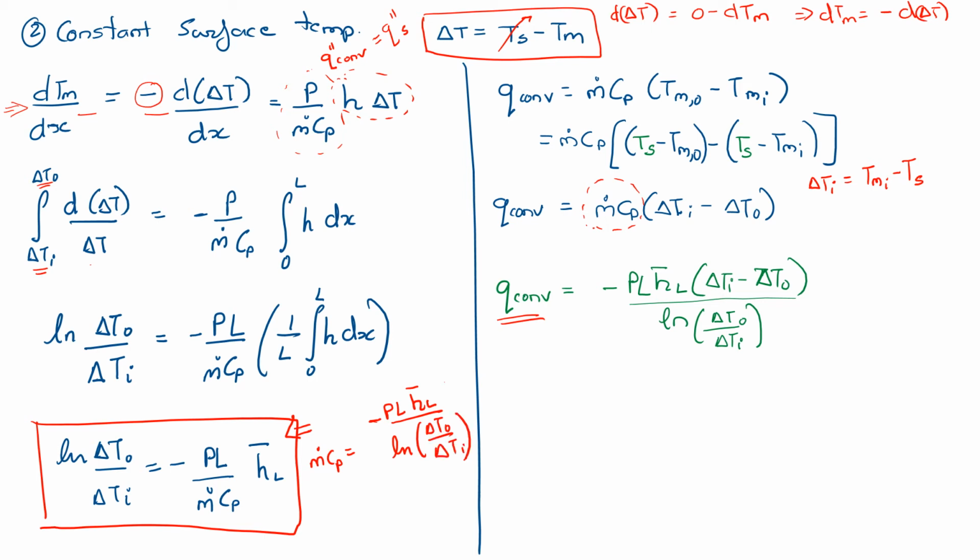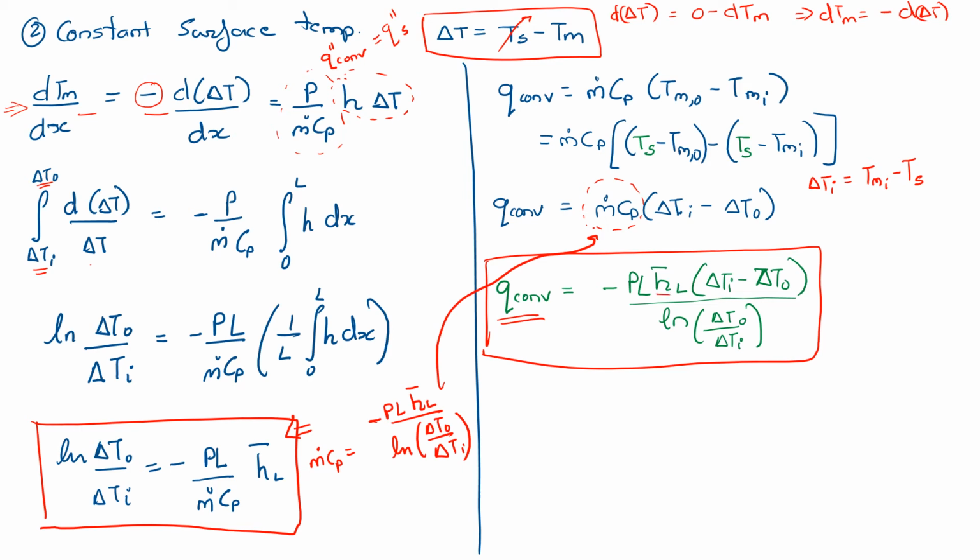I've substituted this here, and the equation that I got for convective heat transfer is this. We have P into L, which is nothing but the surface area of the pipe, times the average heat transfer coefficient, multiplied by the temperature difference at outlet minus the temperature difference at inlet, divided by the logarithmic temperature difference.